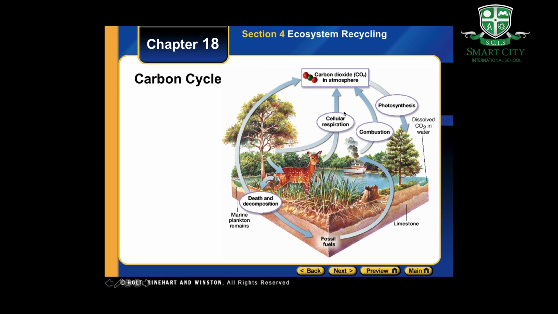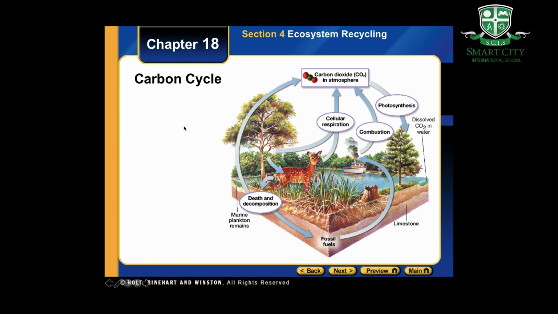So to sum up, the only process that takes carbon dioxide from the atmosphere is photosynthesis. All the other processes just release carbon dioxide.